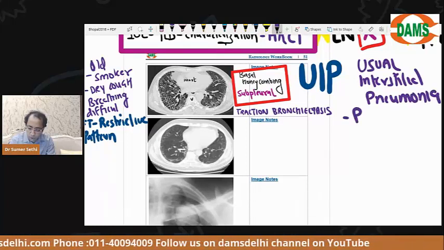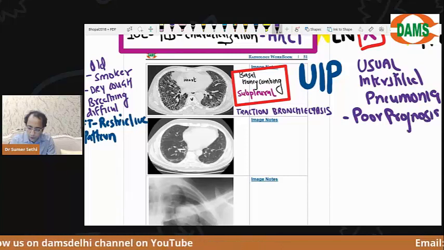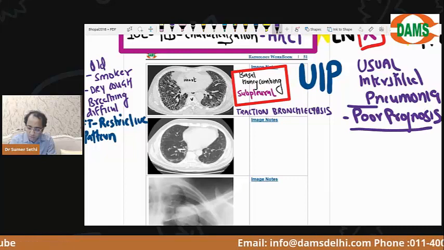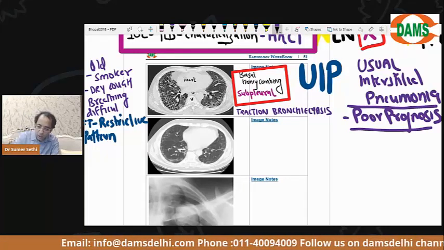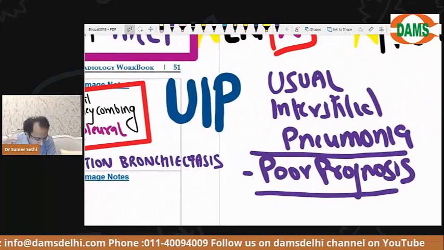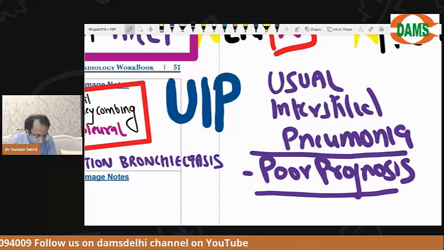Prognosis poor. Why would the prognosis be poor? Because there is fibrosis. Once you see honeycombing, that means we are looking at irreversible damage. This is called usual interstitial pneumonia. Are you clear with this or not?